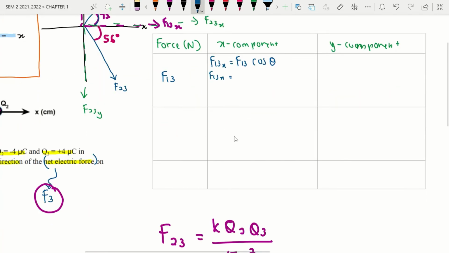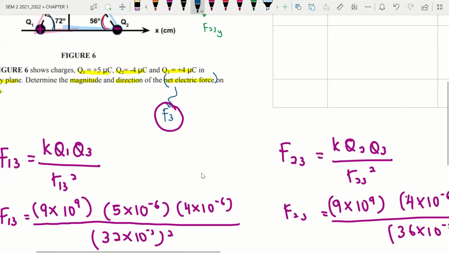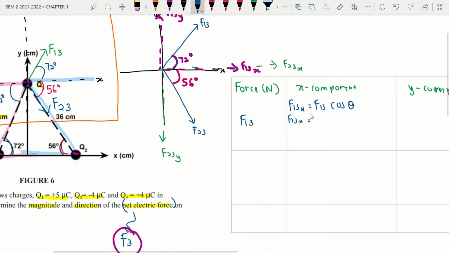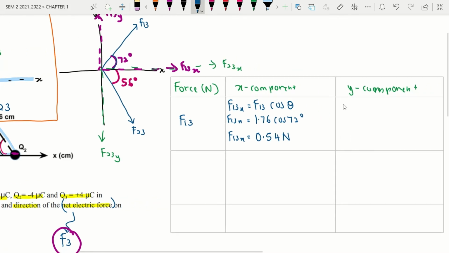F13 we already know the value, which is 1.76. So 1.76 cos 72 degrees, which you will get 0.54 Newton.